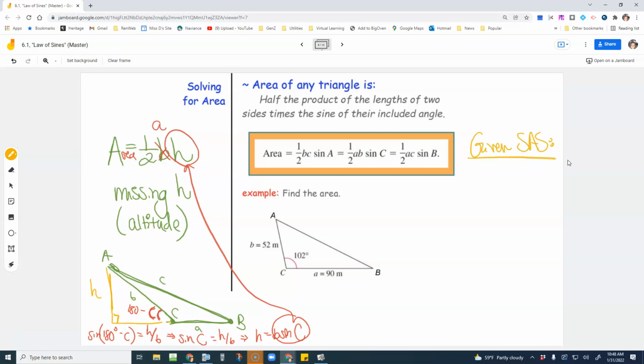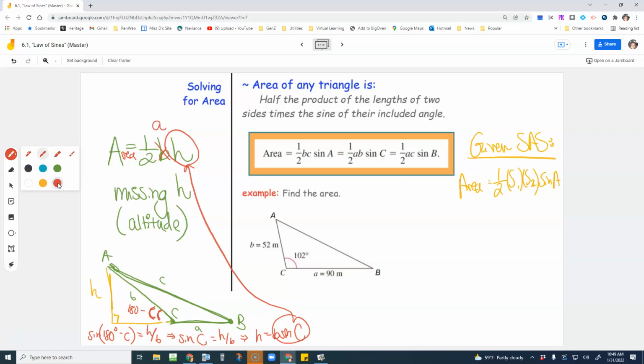Given side angle side of an oblique triangle, a non-right triangle, I can simplify the geometry that would always lead to these formulas by just memorizing this formula for area: 1/2 side 1 times side 2 times sine of your angle. Given side angle side, I don't mean that as an angle A. I mean that as whatever angle you are given.